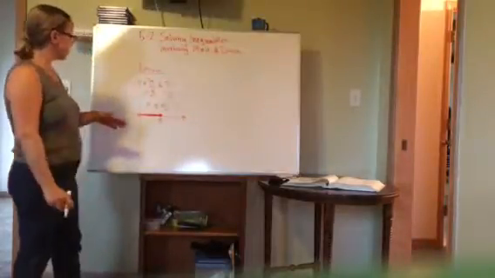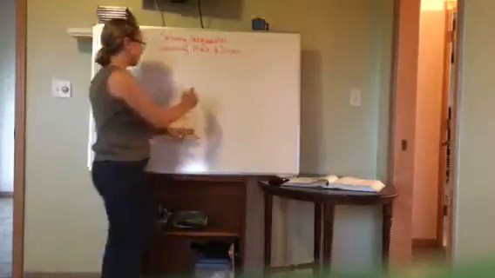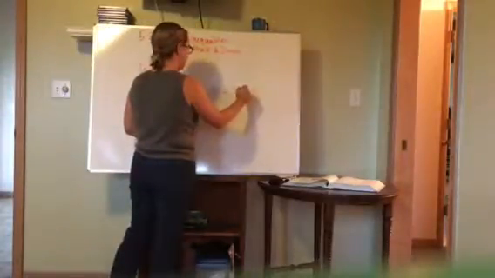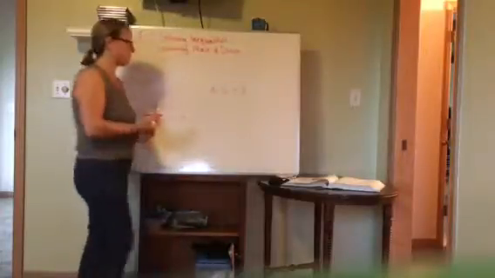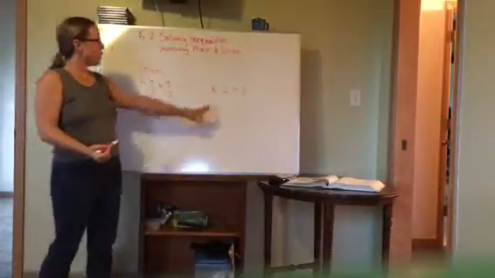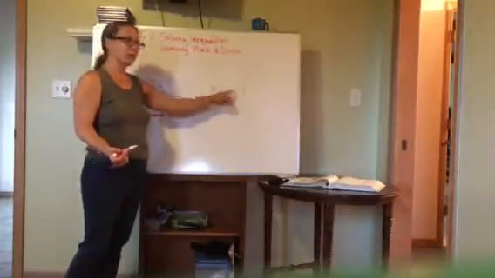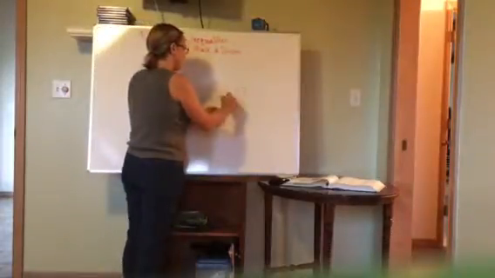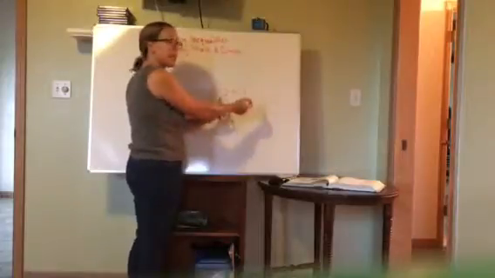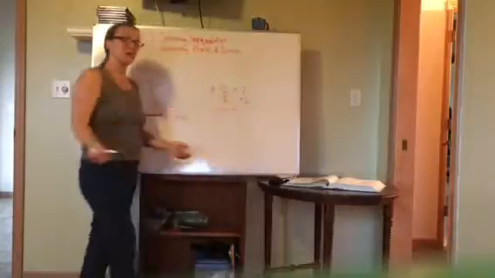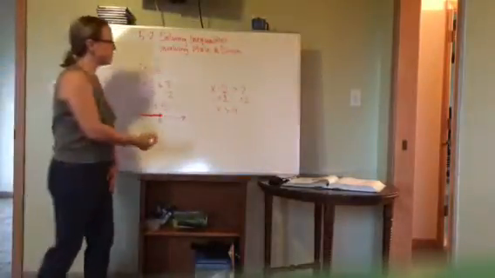Okay? So let's do one more. What if this was x minus 2 is greater than 7 or something like that? Okay? So again, the math would be exactly the same as it would be if this were an equal sign. To undo subtraction, we add, have to do the same on both sides, and then we'd have x is greater than 9. The math is exactly the same, we just write the answer a little differently.